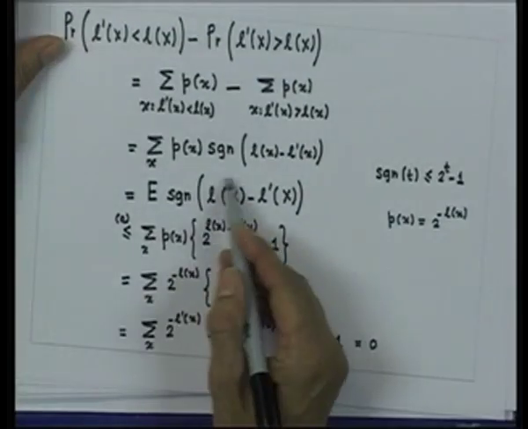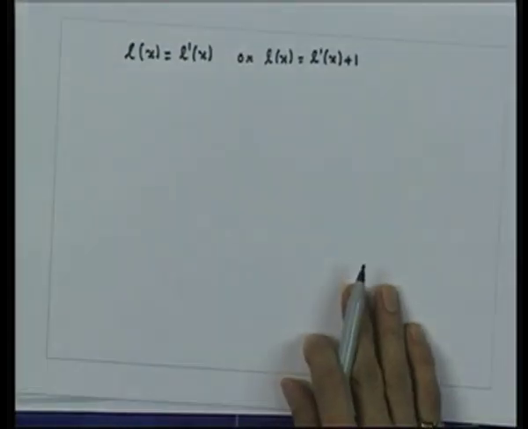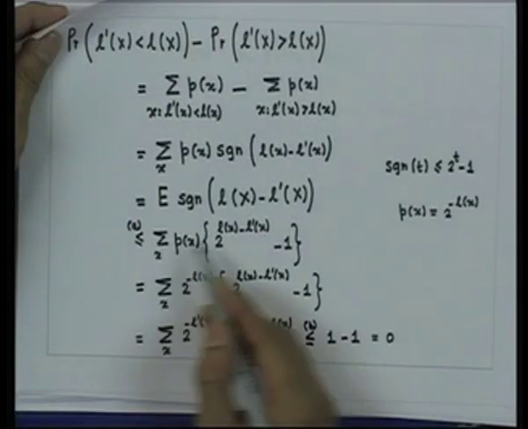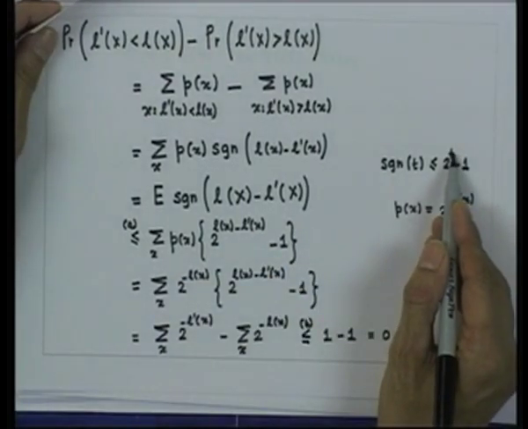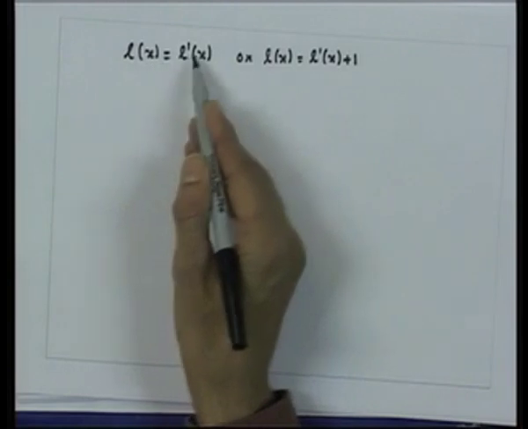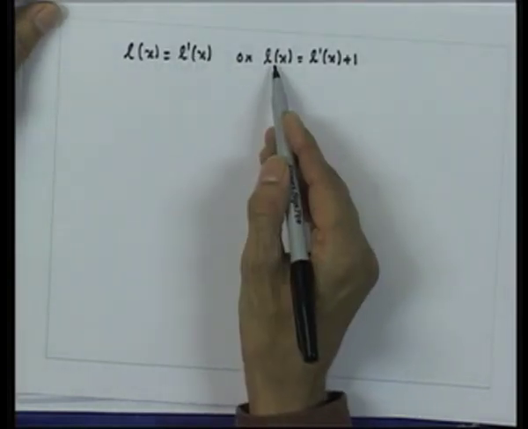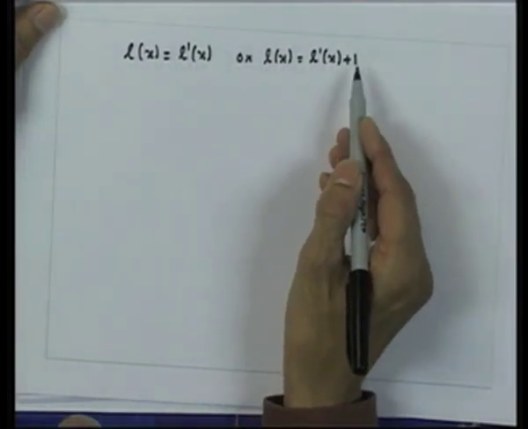So, in our case here, if I assume that the equality is at this point, then t equal to 0 and t equal to 1 corresponds to Lx is equal to L dash x or Lx is equal to L dash x plus 1.